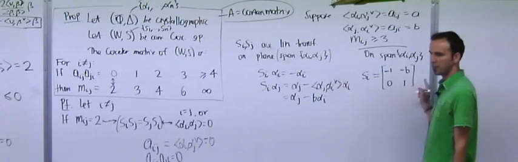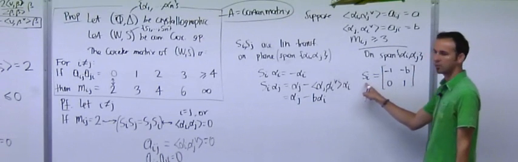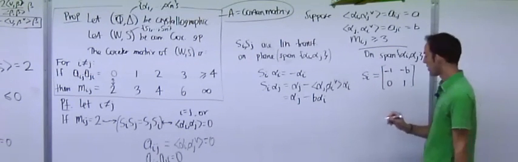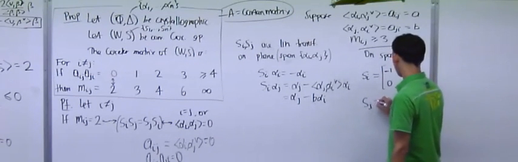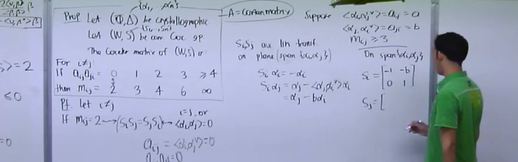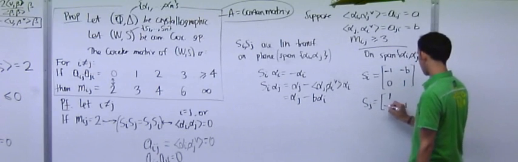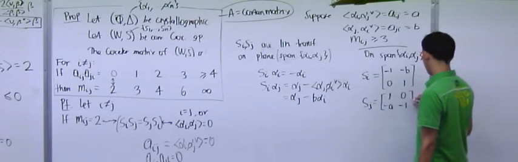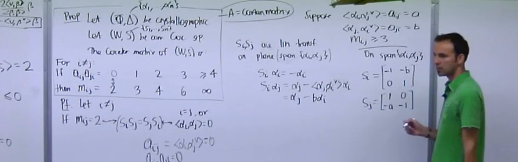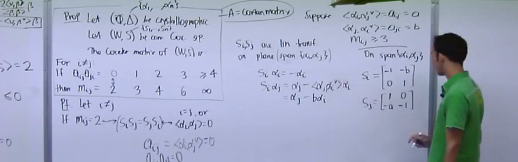So if I prefer thinking about matrices, then this is the matrix for the action of S_i on this plane. And if I do the same thing for S_j, well, basically, it's going to look the same way, but changing the roles of alpha i and alpha j. So you just do it, and you see that you get this. Okay?